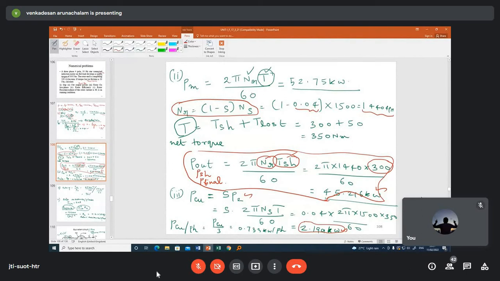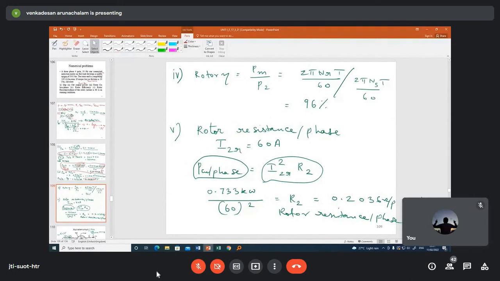You have to look at the power flow. What is our power flow? For clarity, you can draw this. This is rotor. This is P2. This is copper loss. This is Pm.